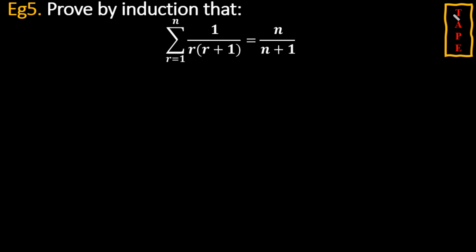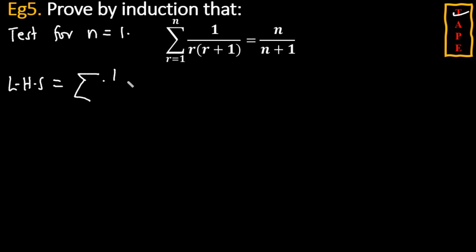Okay, so we are going to start with the testing for n is equal to 1. We begin from the left hand side. This is equal to the summation of 1 divided by r into r plus 1, from r equals 1.